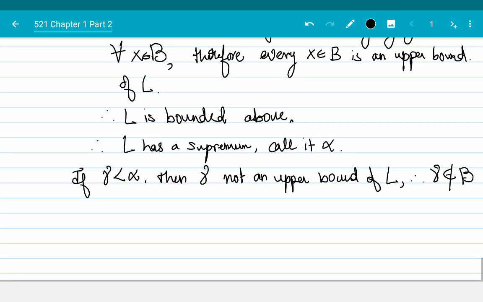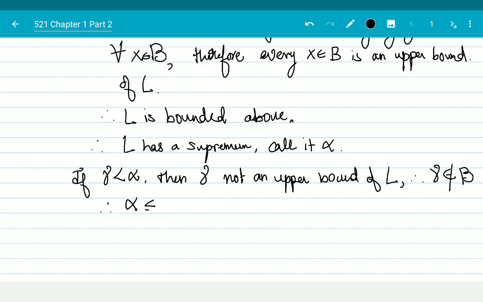Because otherwise it would be an upper bound. Therefore, alpha is smaller than or equal to x for every x in B. Okay, because if anything is smaller than alpha, it is not in B. So great, I have thus shown that alpha is smaller than every element of B. Therefore, alpha is in L because it is a lower bound.